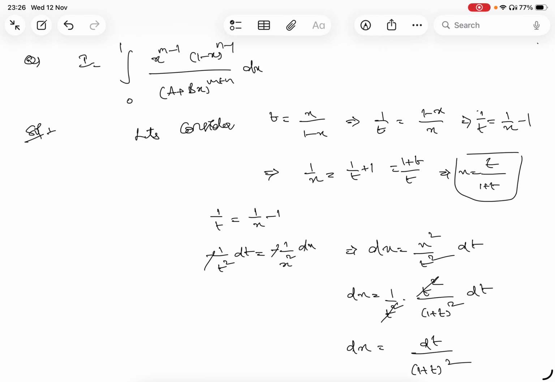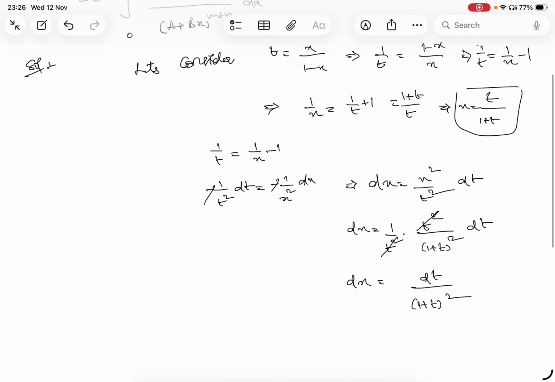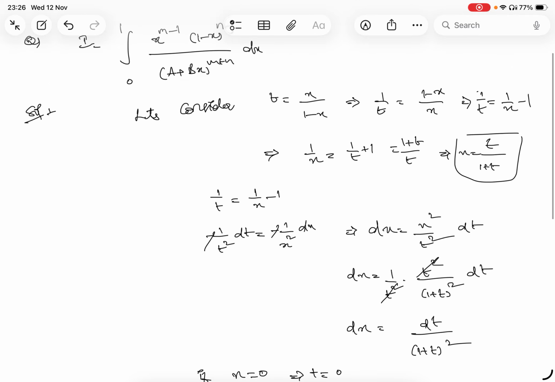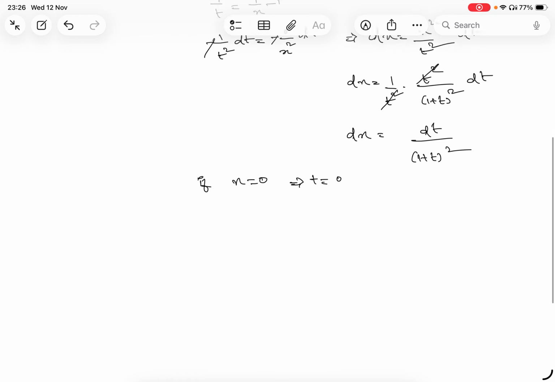Now let's figure out the integration limits, right? When x equal to 0, then t becomes 0, right? When x equal to 1, it will become 0 in the denominator, so t will be 1 by 0, which is infinity, right?